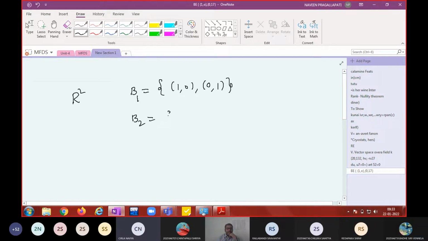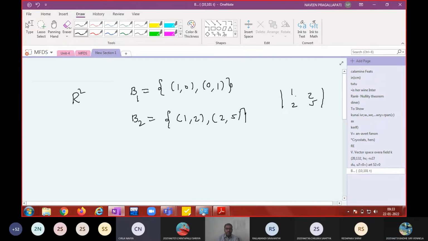What is another basis? You take any two linearly independent vectors. If the determinant is non-zero, that means they are linearly independent. Let us say 1, 2 and 2, 5. Does it work? What is the determinant? 1, 2, 2, 5.